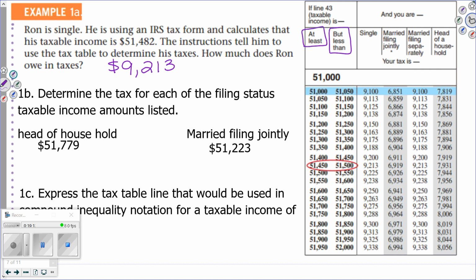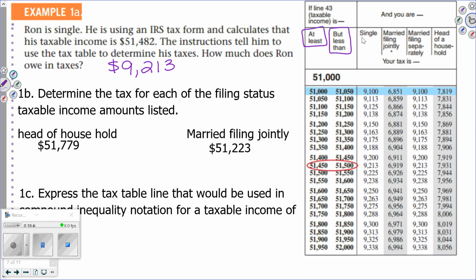Would I fall in this one or this one? Top one? Bottom one? It'd be the bottom one, because this one says but less than 51,600. So if I make 51,600, I'm at least 51,600. Okay, you've got to be careful on that. The but less than does not include that number.